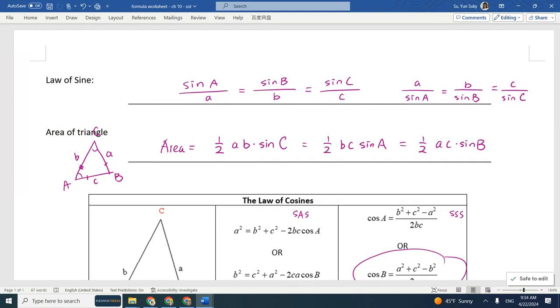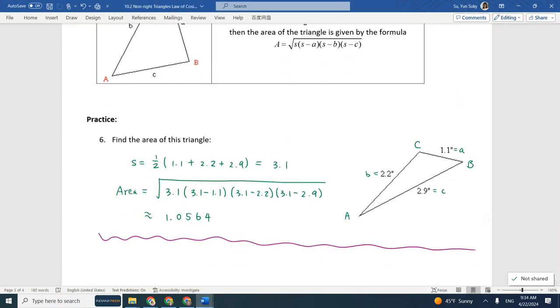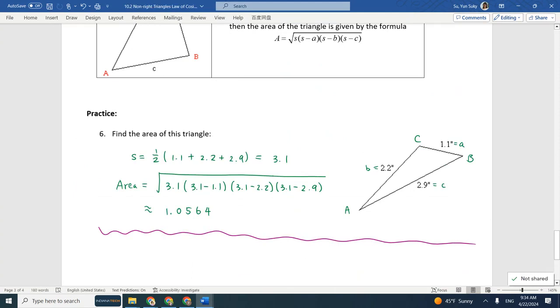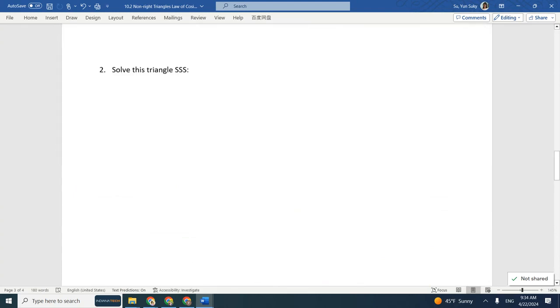Okay, everybody? And in the exam, I will ask you to solve the triangle first, so you know all 3 sides and 3 angles. And then I ask you to compute the area. So this example, we actually solved it already.